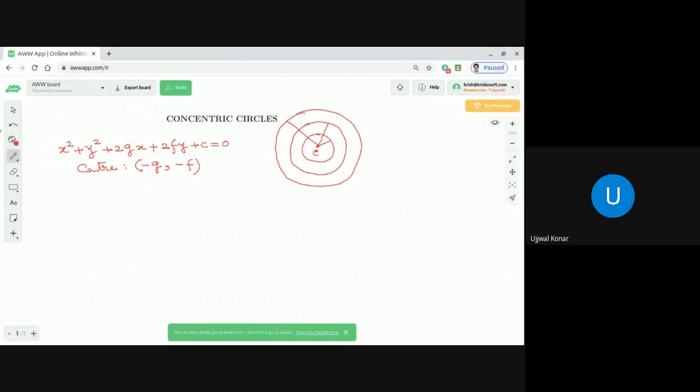The center is actually minus g comma minus f. Correct? Now, as you see, this is a family of circles with the same center, having the same coordinate of the center as minus g comma minus f.